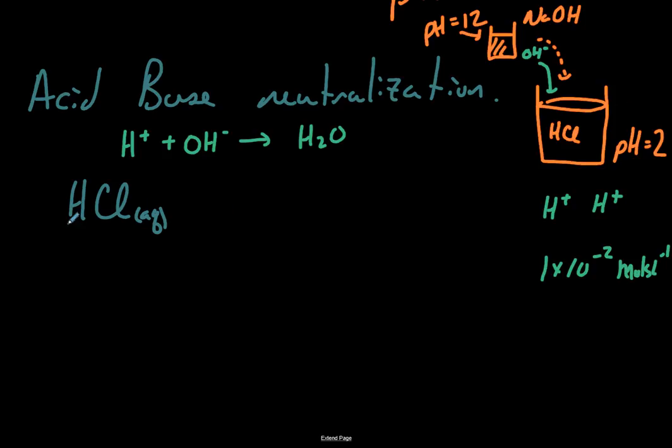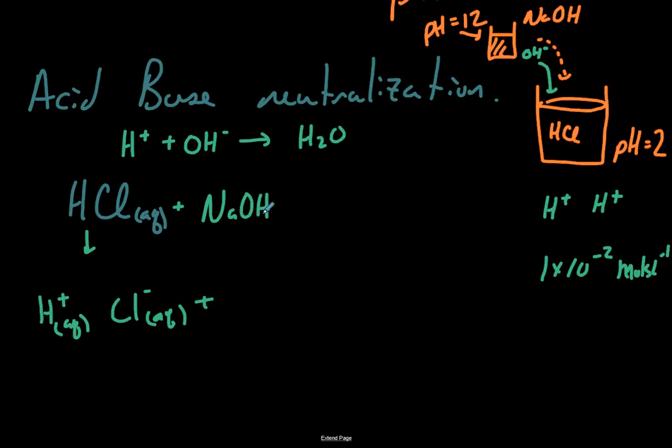So here's HCl. Remember, it's aqueous. So in reality, we're talking about ions dissolved and able to float around, right? And then we're going to add to that aqueous NaOH.